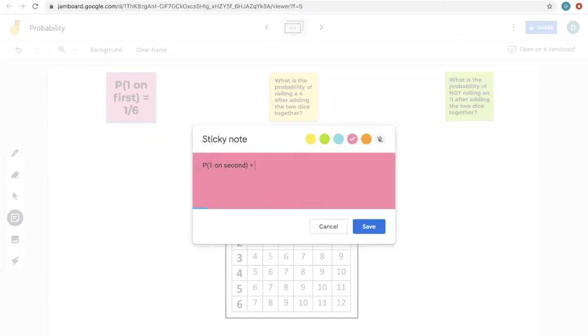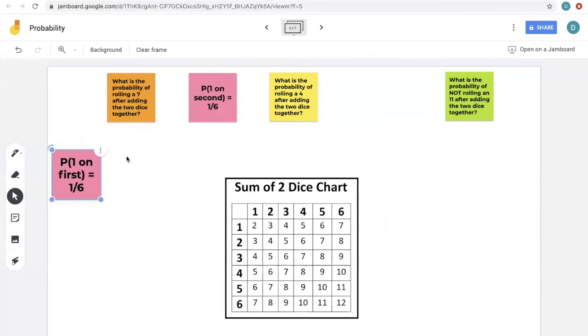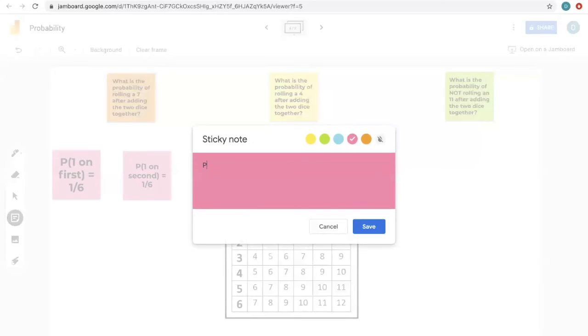Well, that is going to be 1 out of 6. So now the probability of rolling 1 and then 1 again is going to be 1 out of 6 times 1 out of 6. So we multiply these two probabilities together, and that gets us 1 out of 36.